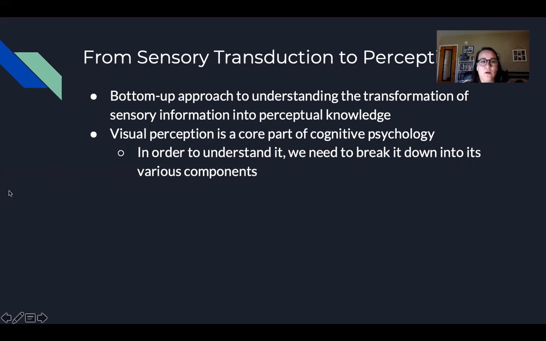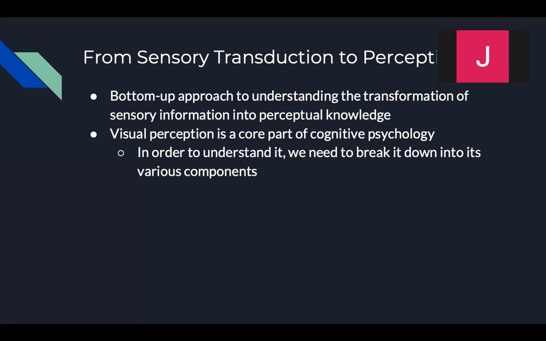And so we're going to be talking about visual perception as both an example of this bottom-up approach to understanding sensation and perception, but also because our visual perceptual system is a really core part of cognitive psychology.